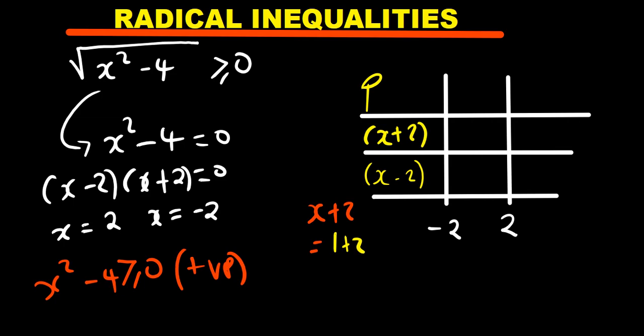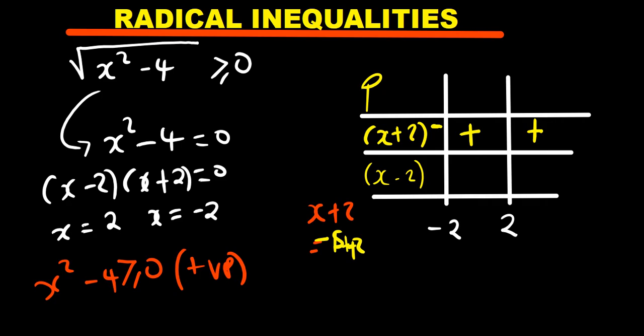So this will be positive. But if we choose a number less than negative 2, like negative 5, negative 5 plus 2 will give us a negative number.